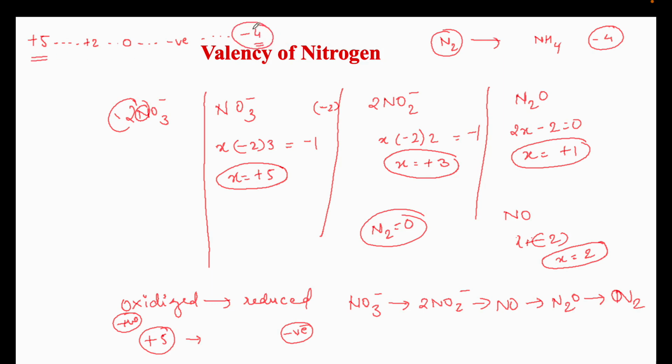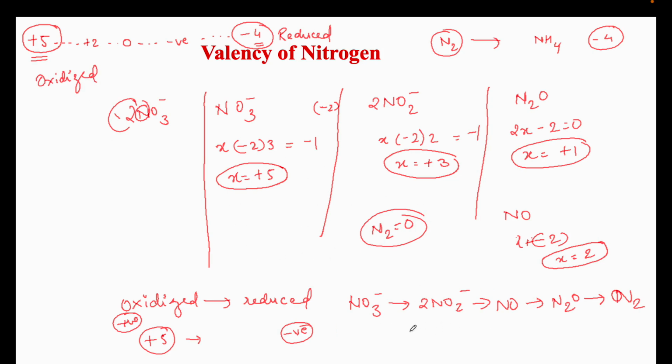In -4 state, the nitrogen will be most reduced, whereas in +5 state, the nitrogen in case of NO3 minus or HNO3, it will be most oxidized. Okay, so this is the denitrification process.